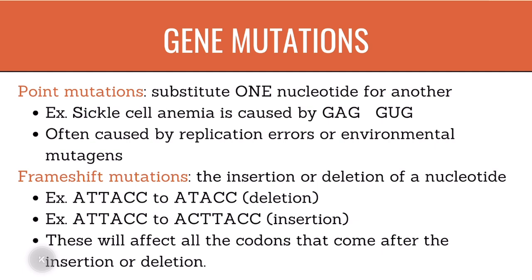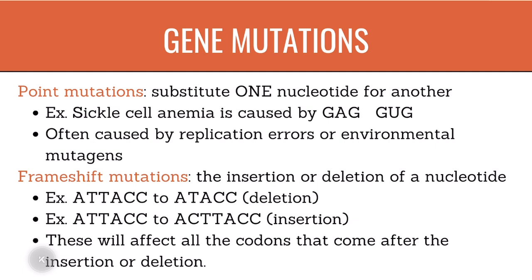Another example, if the original DNA was ATTACC, then an insertion could be ACTTACC, where a cytosine got inserted before the thymines. So frameshift mutations are a bigger deal than point mutations because these will affect every codon that comes after the insertion or deletion.